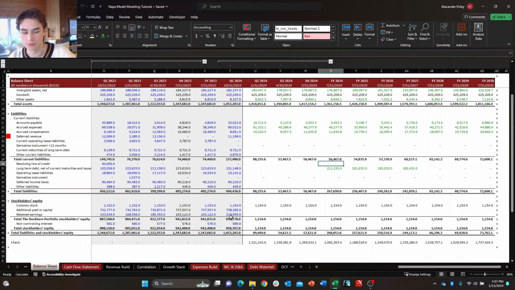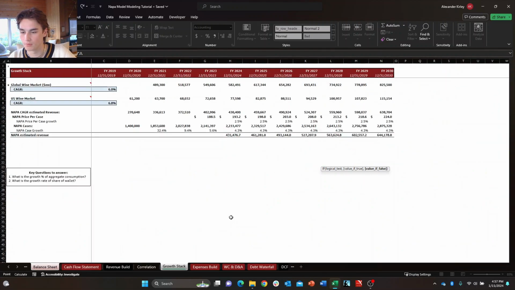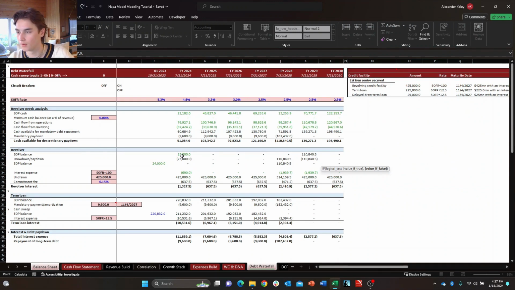Our revolving line of credit, we're going to use the end of period as well. So same thing: if CB equals on, give it a 0, if not, come here, end of period balance.